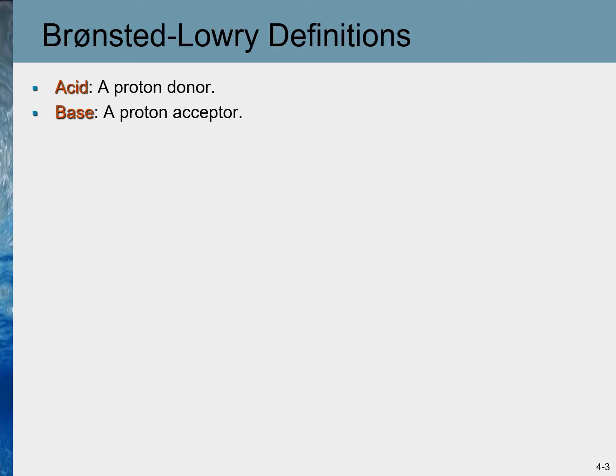In 1923, Danish chemist Bronsted and English chemist Lowry independently proposed a new definition of acids and bases. Now the question is why there was a need for a new definition. The reason for proposing a new definition was that the previous definition, that is the Arrhenius definition, did not cover all acids and bases. For example, it was known that ammonia is a base.